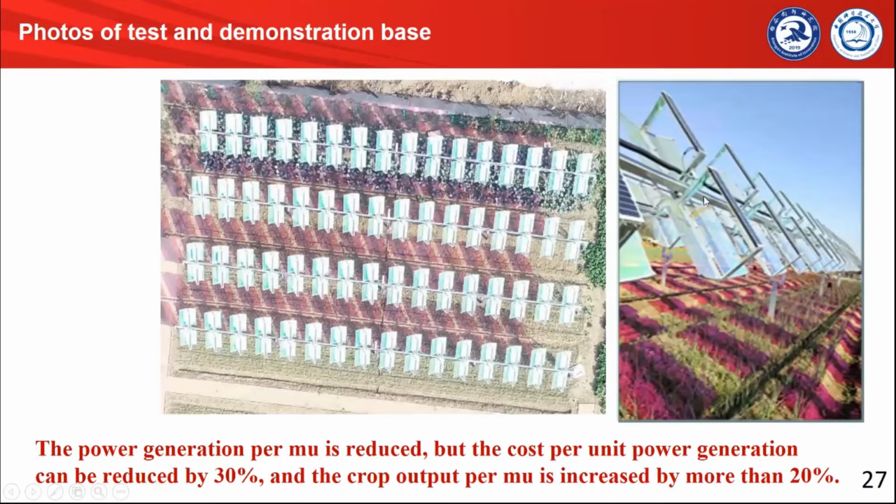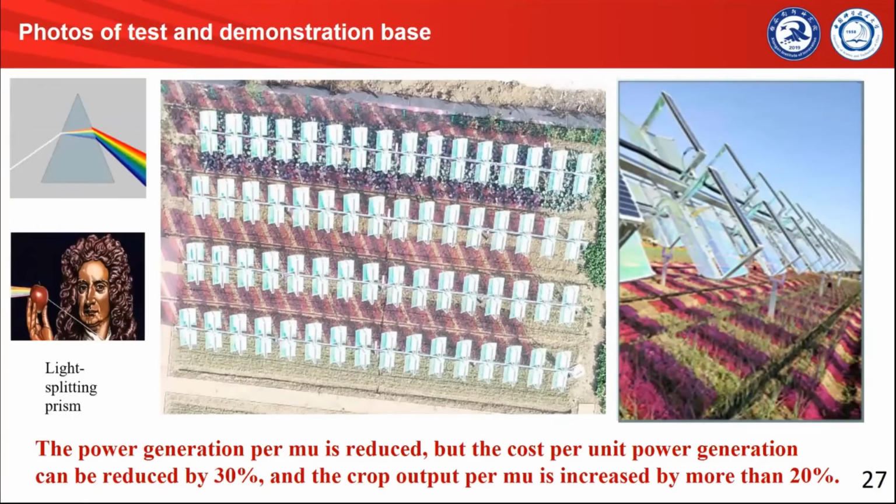So if you drop the necessary light for plant growth and use the other sun radiation for the PV, the effect is even better for plant growth. So this is already demoed.